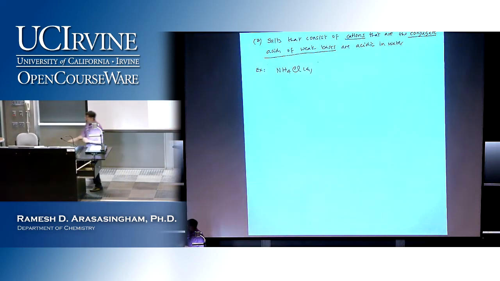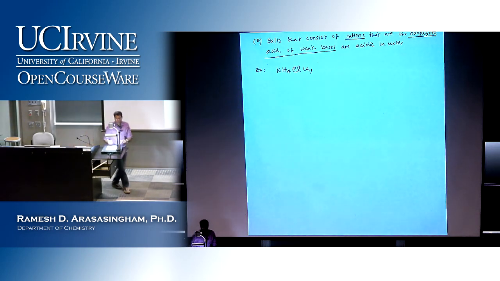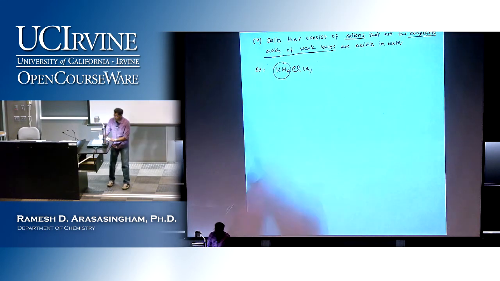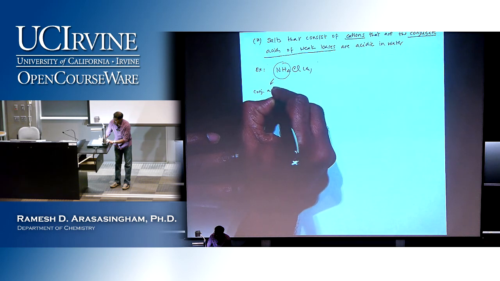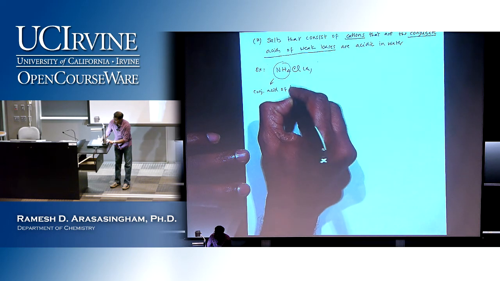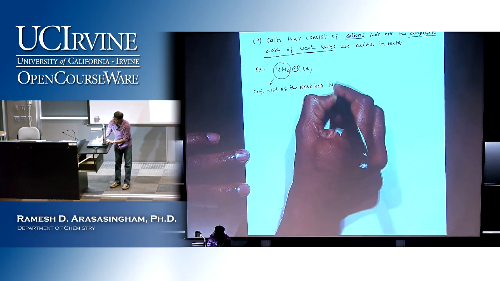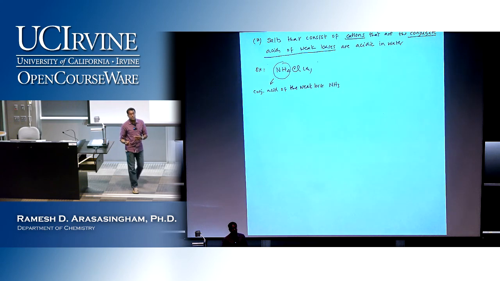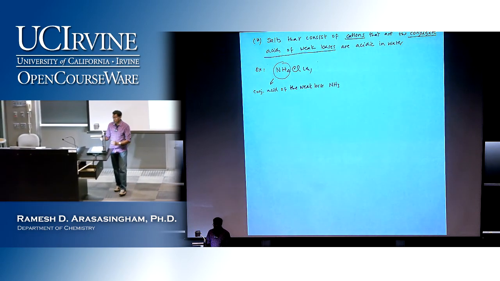So if you take NH4Cl, now the one that we're interested in looking at is this. All right? So this is the conjugate acid of the weak base NH3.